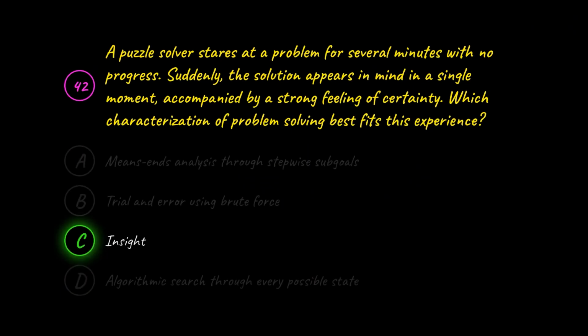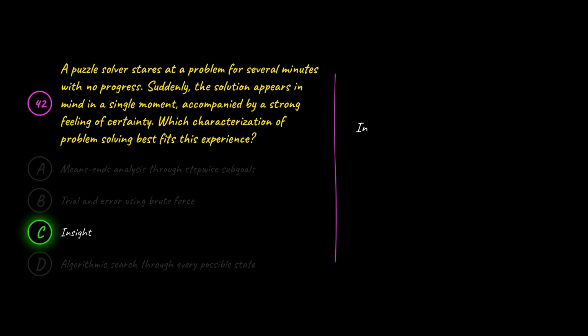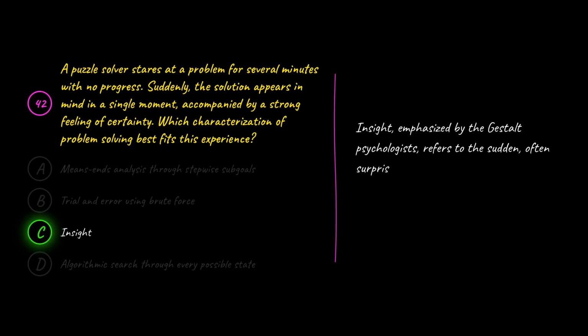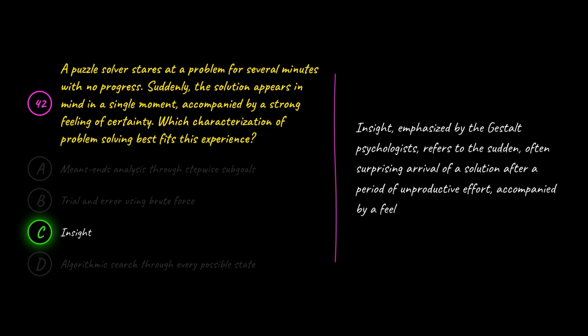The correct answer is C. Insight. C is correct because insight, emphasized by the Gestalt psychologists, refers to the sudden, often surprising arrival of a solution after a period of unproductive effort, accompanied by a feeling of certainty.